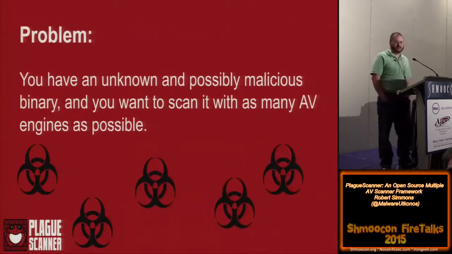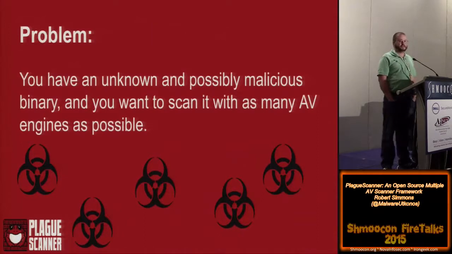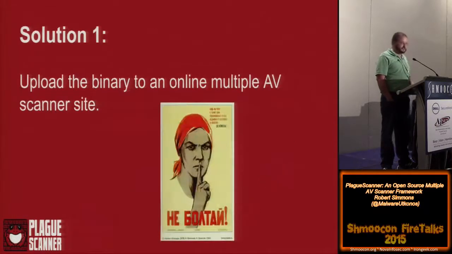So what is the problem that I'm trying to solve here? Let's say you have a spear phishing attack, and the information in the PDF or the doc or whatever it is that you want to scan has sensitive information about the company where you work. This poses a bit of a problem. One solution is to upload the file to an online multi-AV scanner site.